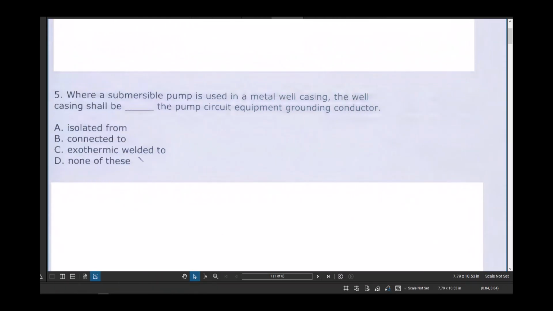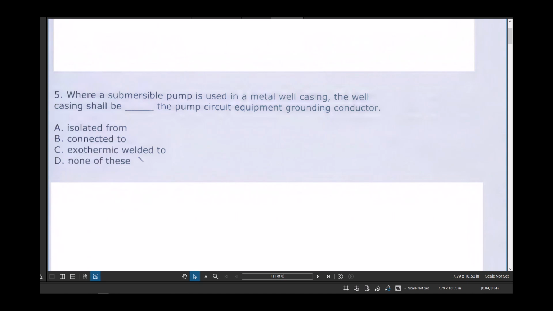Question 5. Where a submersible pump is used in a metal well casing, the well casing shall be A, isolated from, B, connected to, C, exothermic welded to, D, none of these, the pump circuit equipment grounding conductor.